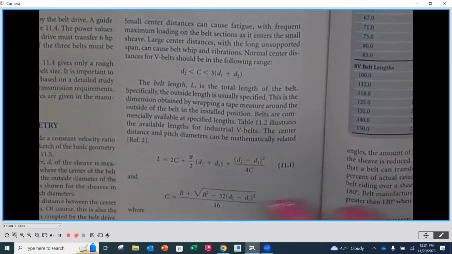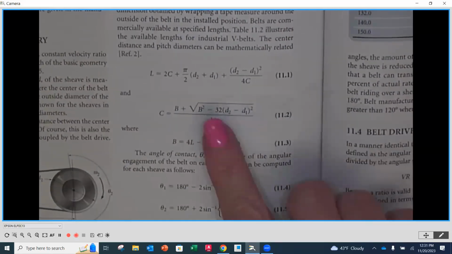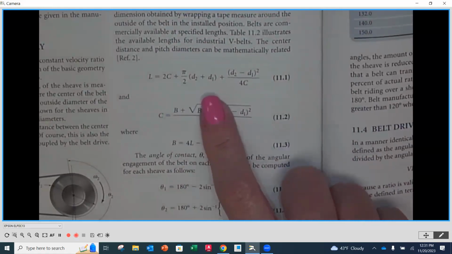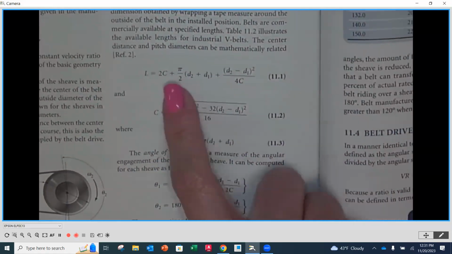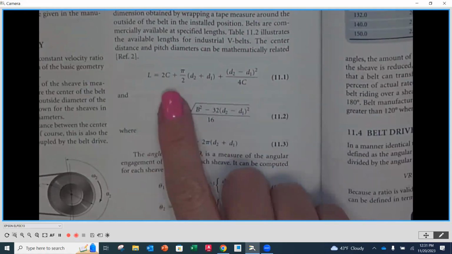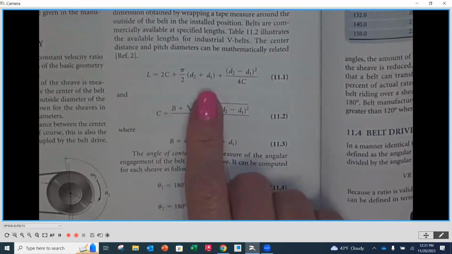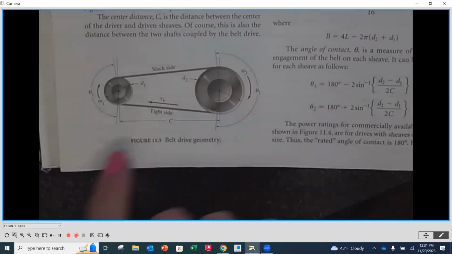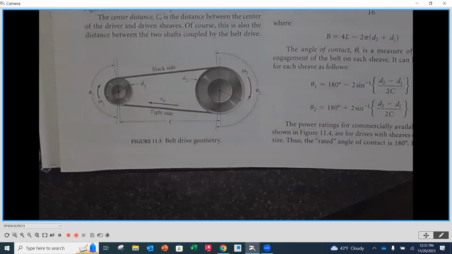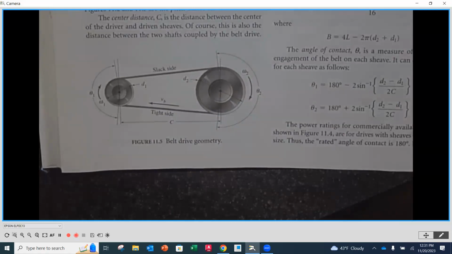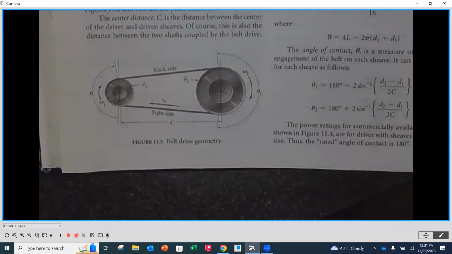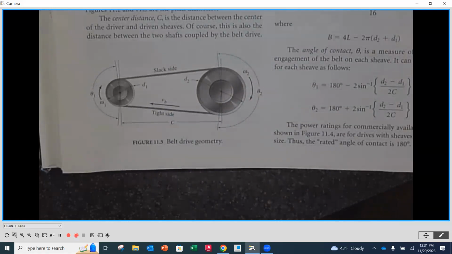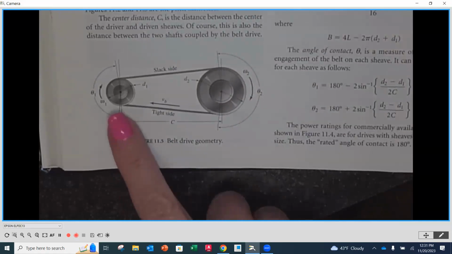Okay. Now, the next equation that we see down here is going to be the length of the belt. Okay, the length of the belt is going to be determined by knowing the center distance and the diameters of each one of the sheaves. Okay, now the belt for a V belt is always going to be continuous. Okay, so what you have to do in your design, and although in kinematics we're not accounting for that right now, you will later on in machine design when we kind of finish things up, is be able to push one of these sheaves in and out.